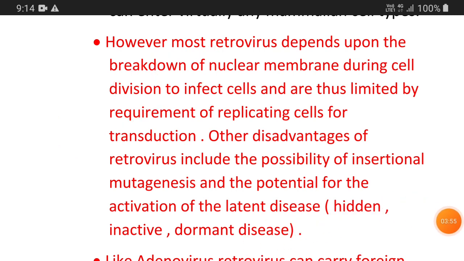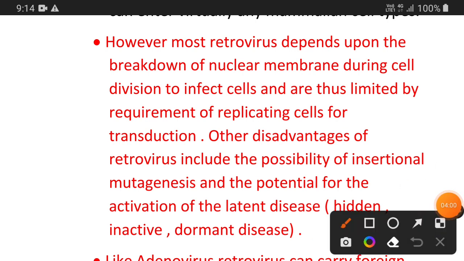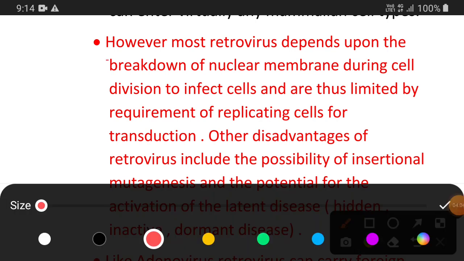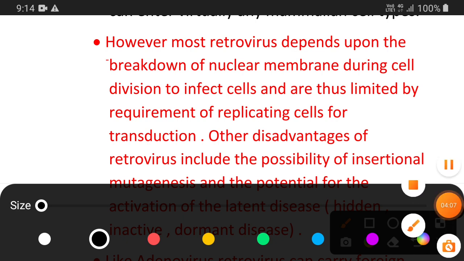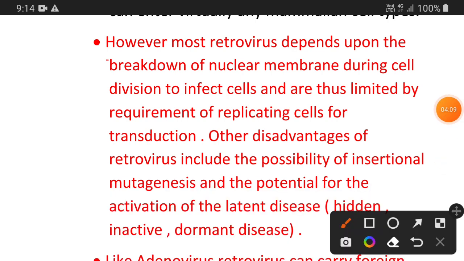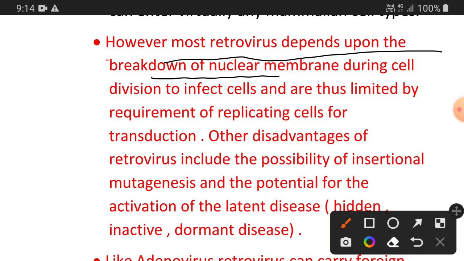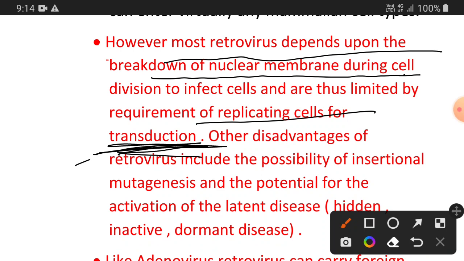We cannot transfect any kind of non-dividing cell with retrovirus. Let's see what I have written here: most retroviruses depend on the breakdown of the nuclear membrane during cell division, and are thus limited by the requirement of replicating cells for transduction.